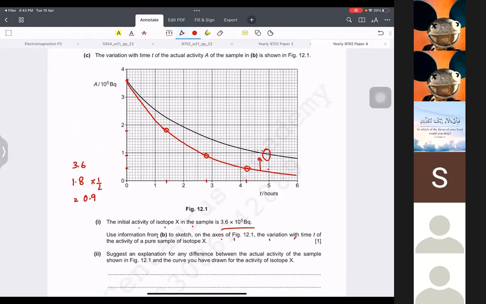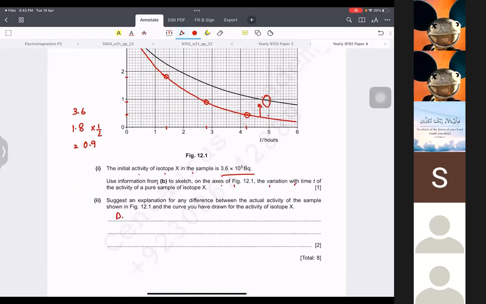So we could say that the decay of X must have produced another unstable nucleus, so its radioactivity is also added. By the way, radioactivity is activity. Is it clear?